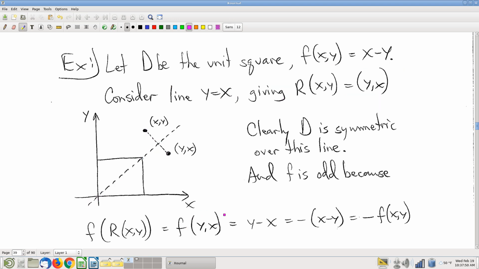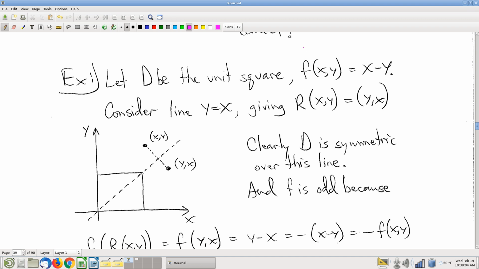By the way, here's another way around this algebraic oddity. If you like, you could rewrite this function completely. Just keep in mind when you write f of x, y equals x minus y, x and y there are just dummy variables, right? So you could totally rewrite this as f of s comma t is equal to s minus t, right?